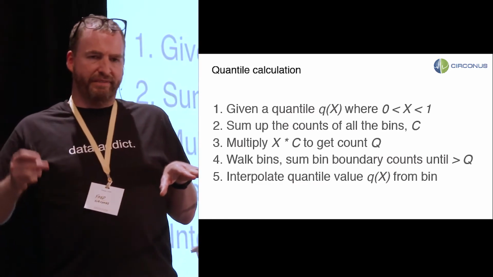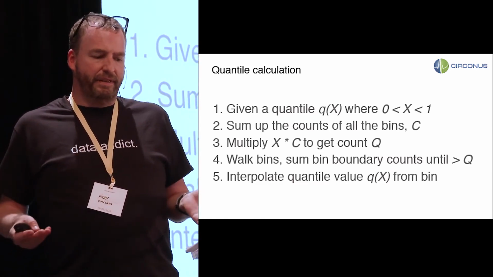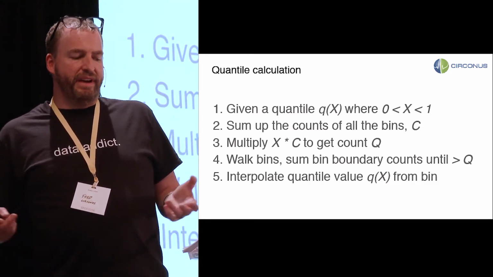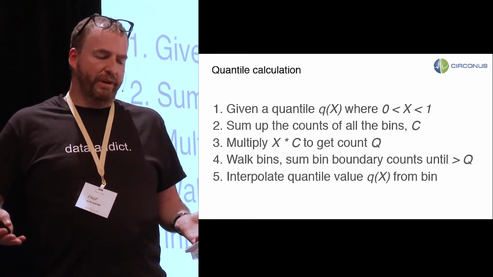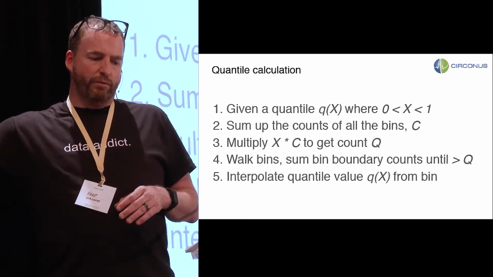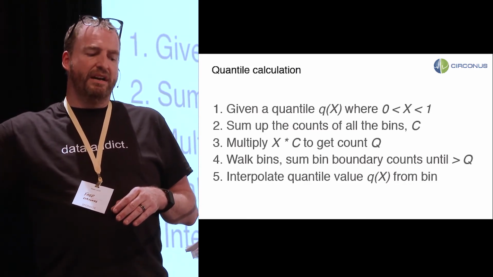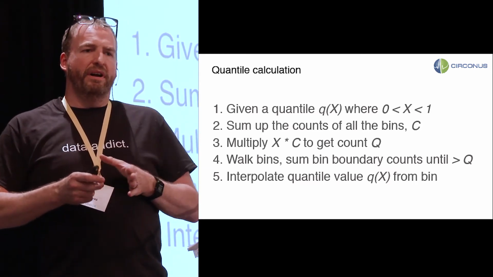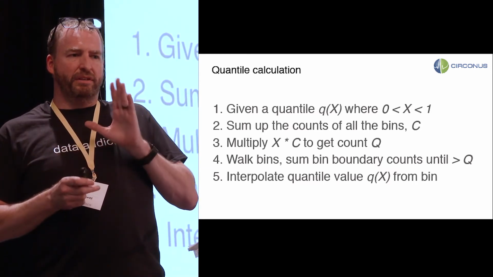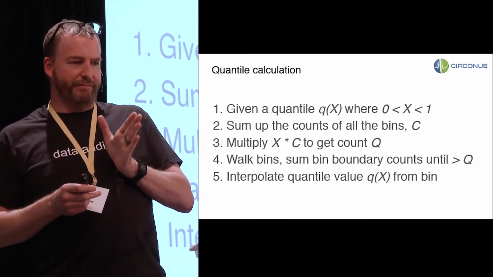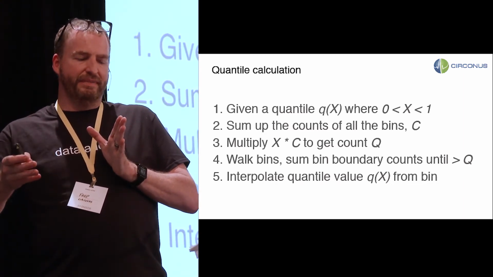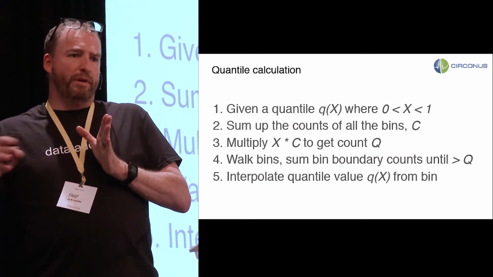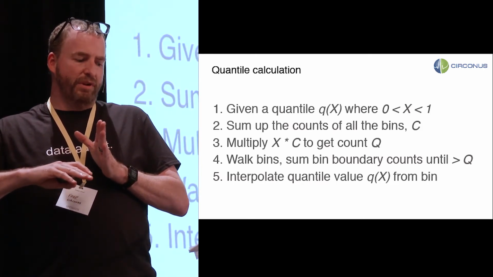So say we have Q or X is 0.5, C is 1,000. We're going to get Q equals 500. We want to walk the bins, sum the boundary counts of each bin until we hit the bin where 500 is in the middle of the right boundary count and the left boundary count. And from there, we can use linear interpolation to calculate what my value is for that quantile.